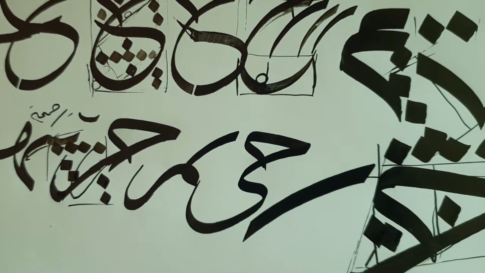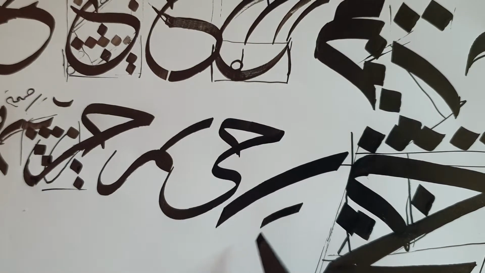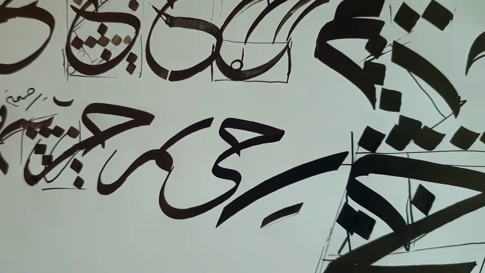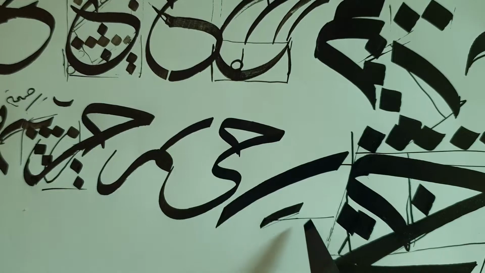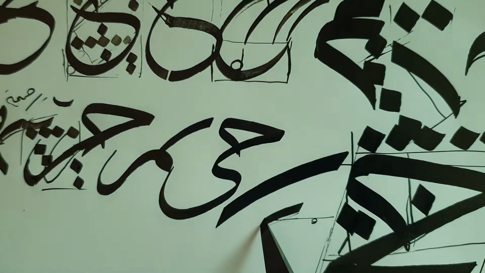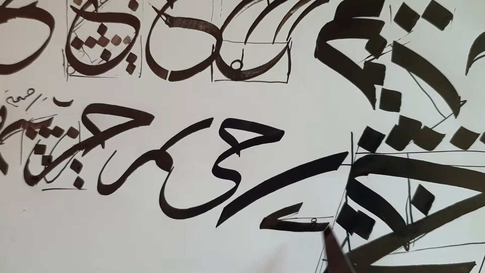And with regards to the part where the ha connects to a jeem or a kha, so you end here and you've got this slight curvature. It's not a straight line. And yeah, when this comes back, so let's say that you take this part, a straight line from here, it will drop half a point, and this is where your ha would basically curve down, then back with the thickness of 5 points.